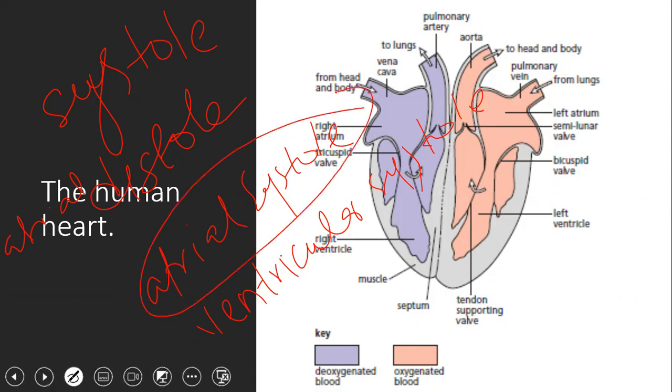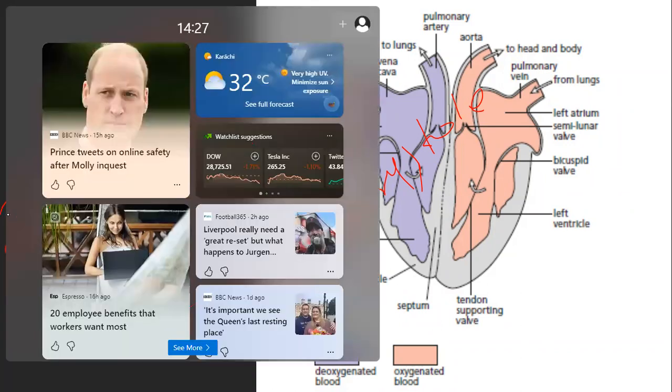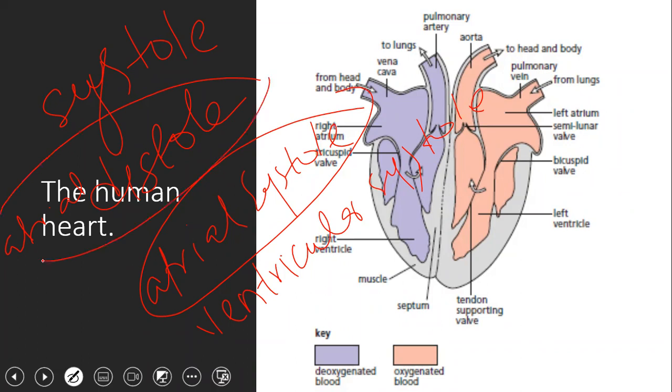That will be known as atrial systole. After atrial systole is complete, the blood passes onto the ventricle. So now the atria relax, having pushed the blood into the ventricle. That will be known as atrial diastole.